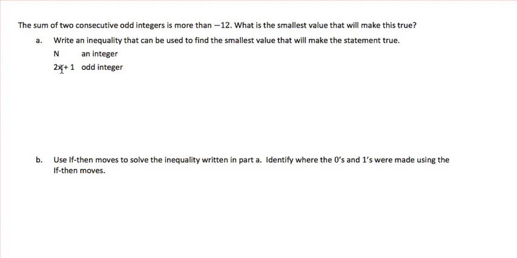Because if we double any number, it would be even. And then if we add 1 to it, it will definitely be an odd integer. And then it follows that the next odd integer would have to be 2n plus 3, because the next odd integer up from that would be 2 away.